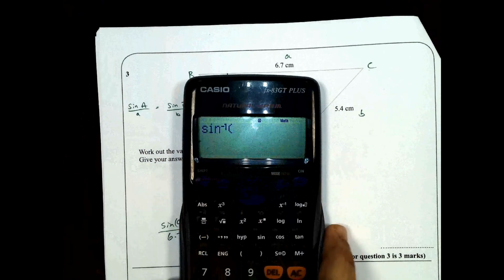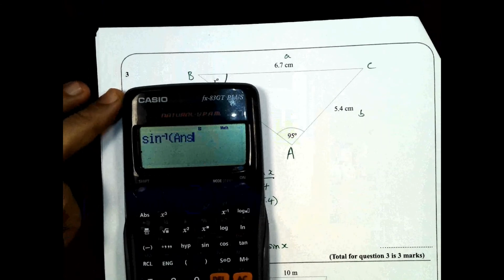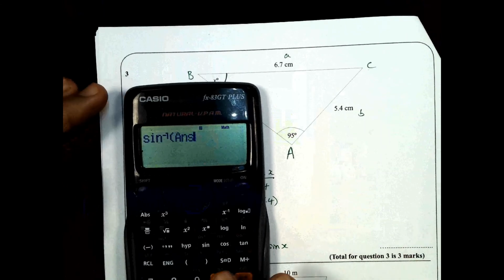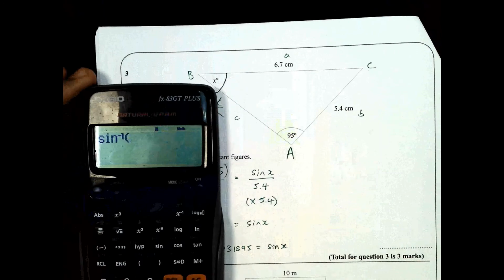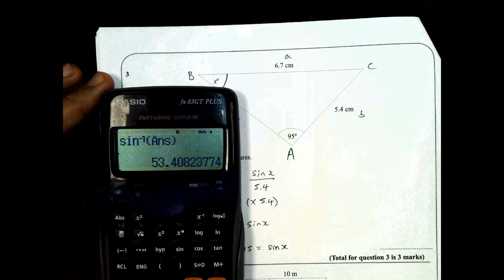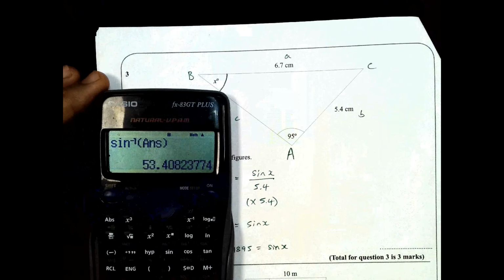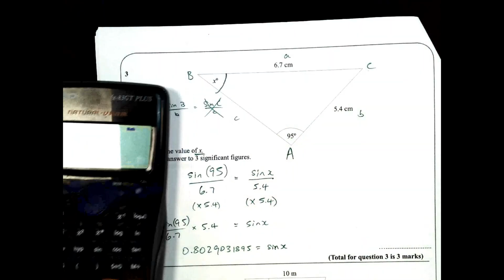So I'm going to do sine to the minus 1, and because it's still in my calculator, I'm going to press answer. If I've accidentally cleared it, or I don't have a scientific calculator, you can just write it in. So, in fact, I'll show you. If I press sine to the minus 1 answer, I get 53.4 blah blah blah. If for some reason I got rid of it from my calculator, I could just write down this number.